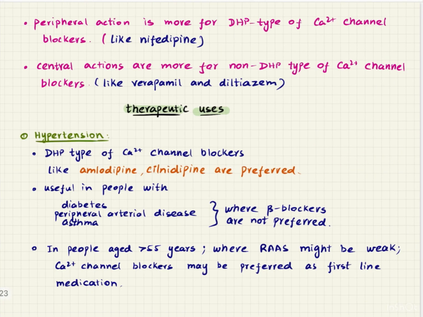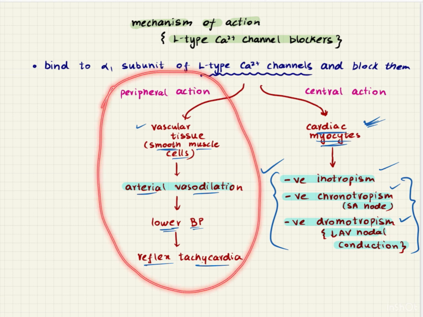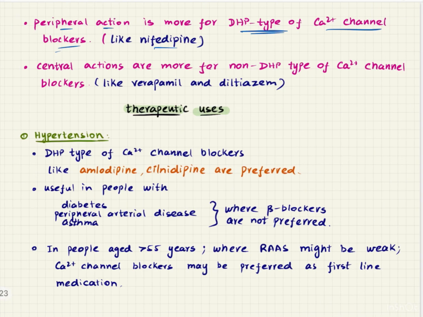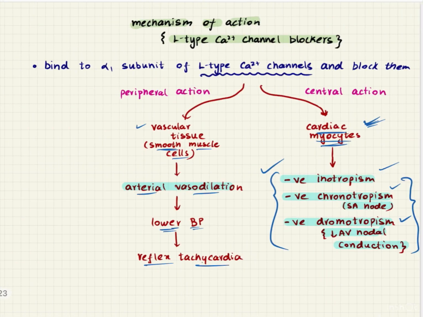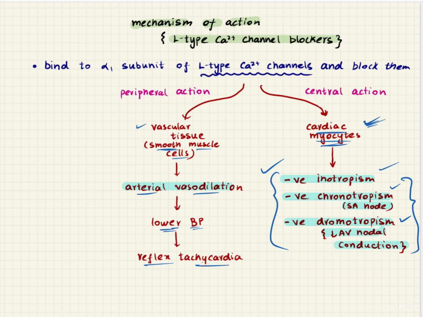Now, we have to understand two more points here. One is that peripheral action is more for the dihydropyridine type of calcium channel blockers, like nifedipine, and central actions are more for non-dihydropyridine type of calcium channel blockers, like verapamil and diltiazem.